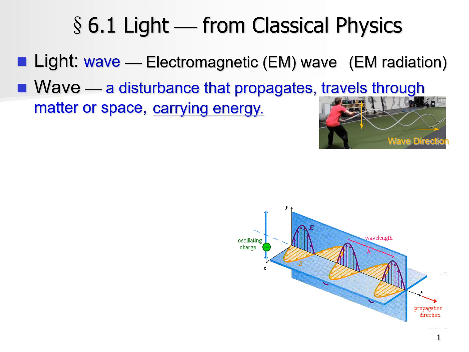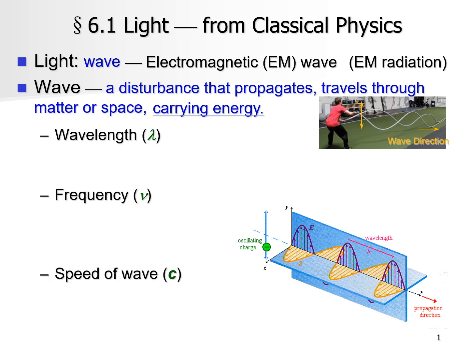According to classical physics, there are three variables for us to characterize the wave. The wavelength, which is the lambda, the frequency with the symbol of nu, and the speed of the wave. In terms of light, we understand it's going to be the speed of light.